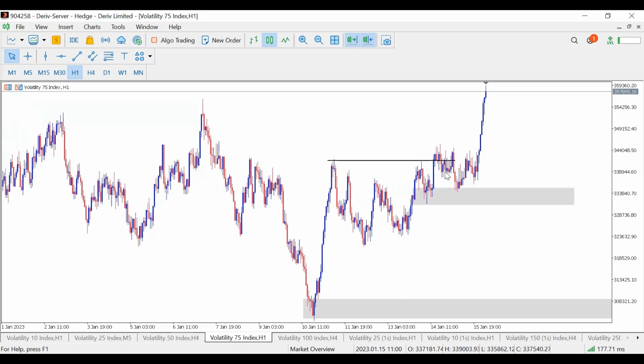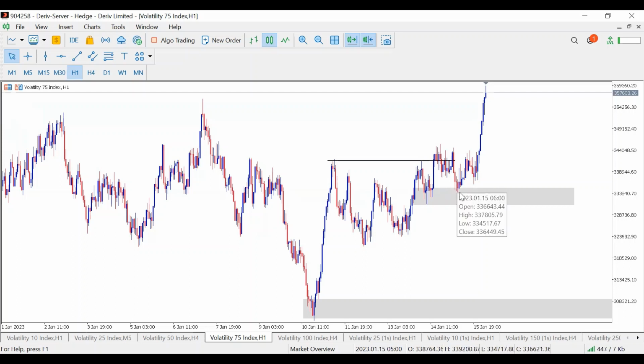As you could see here, the market, after collecting all the money that was placed here in the form of stop losses by the traders who were convinced that this was indeed a breakout, then went down and looked for an order block. And from that order block, the market made a turn to go upside.